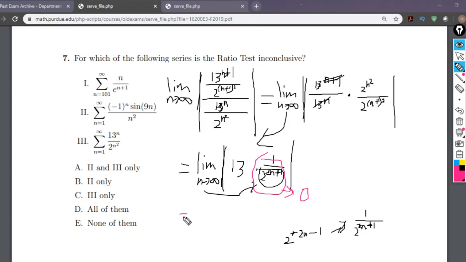And then this whole limit will approach 0, which is less than 1, which will make this ratio test conclusive, and it will be convergent. So only number 2 here is inconclusive, so the correct answer is B.